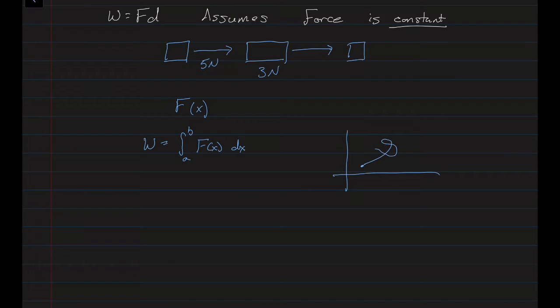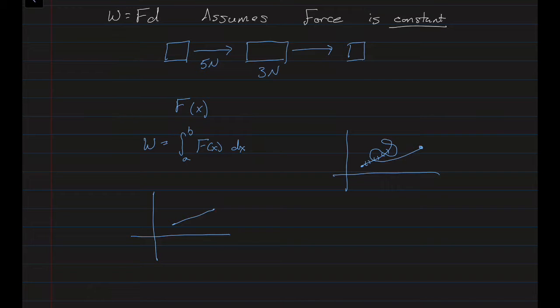Now, in our example, when we had this nasty loop, we would actually have to do a path integral to figure out the force on each of these small intervals. We don't have to worry about that because we're in Calc 2. Once we get to Calc 3, we'll have a much more difficult time.